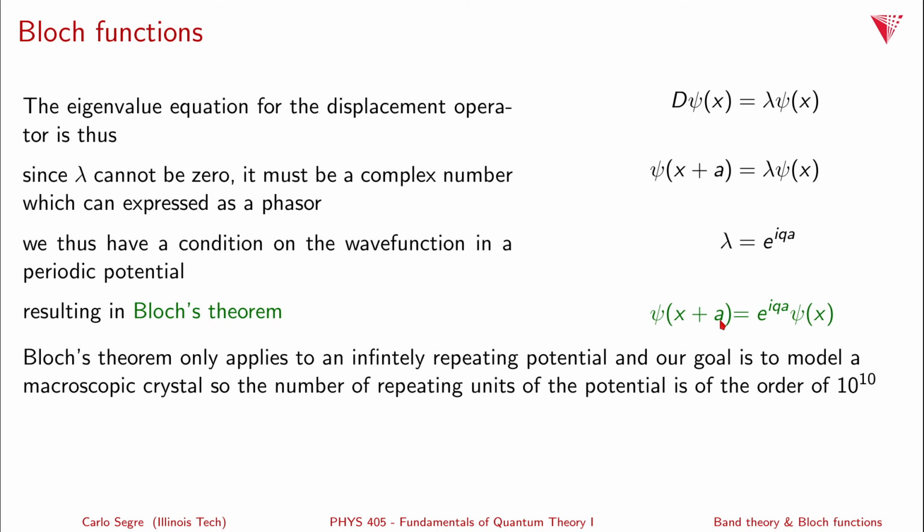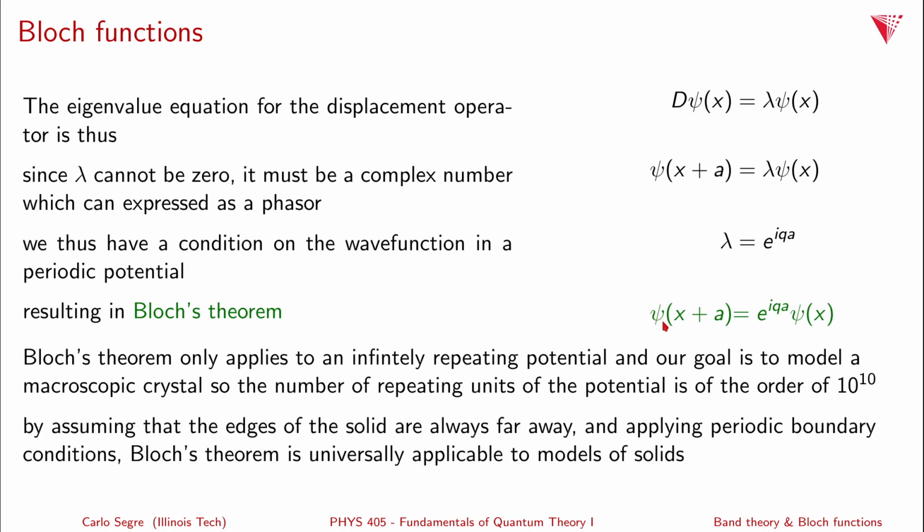So Bloch's theorem only applies, as I said, to an infinitely repeating potential. But our goal is to model a macroscopic crystal, so it's not infinite. The number of repeating units is going to be on the order of 10 to the 10th or 10 to the 20th, on the order of Avogadro's number or so. If you assume that the edges of the solid are always far away, then you can apply Bloch's theorem.